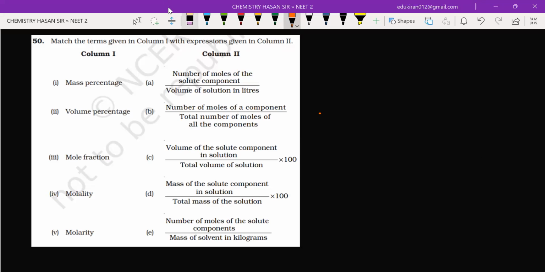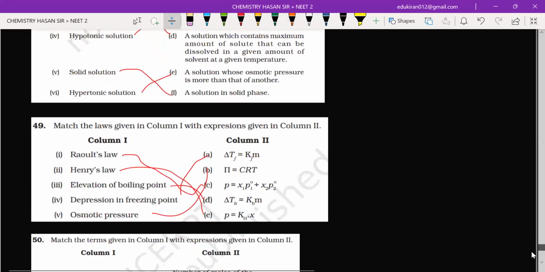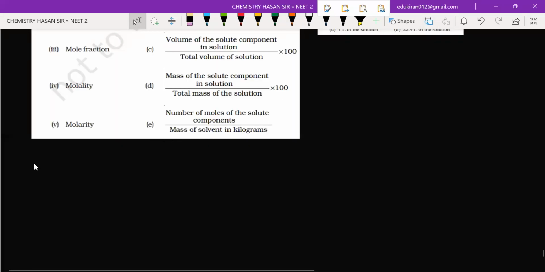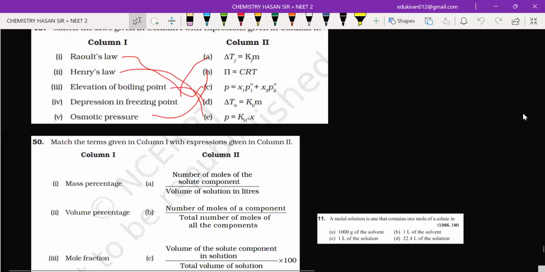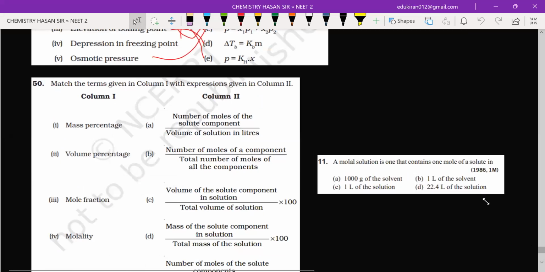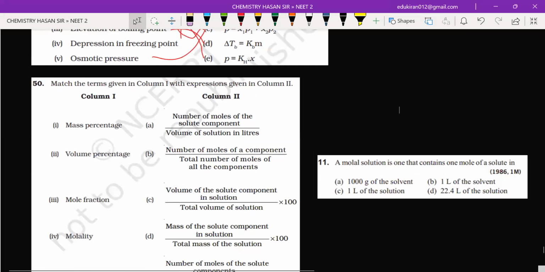So, very good. This one is also correct. Now moving to the next type of question. This is also easy. Please do this question.